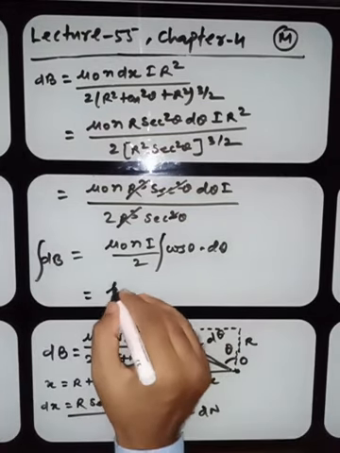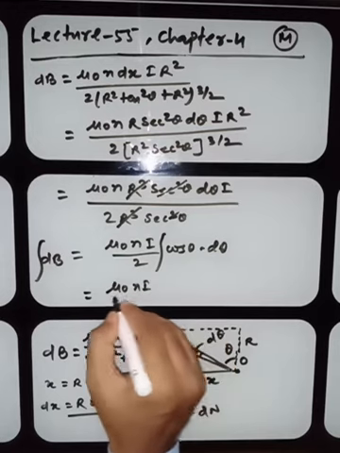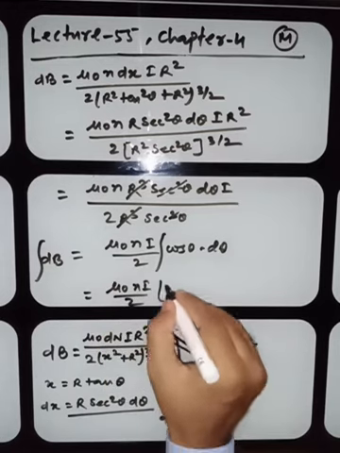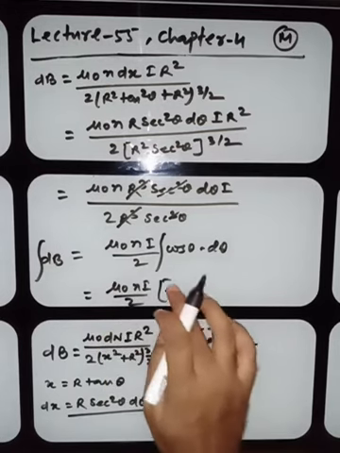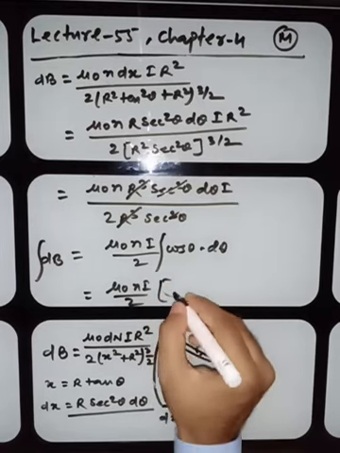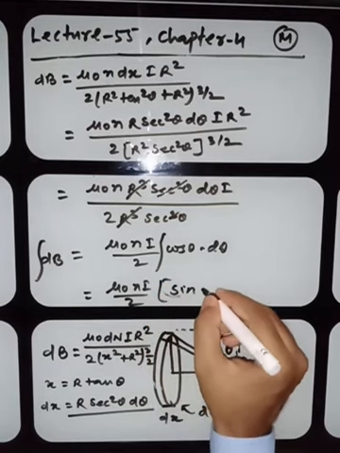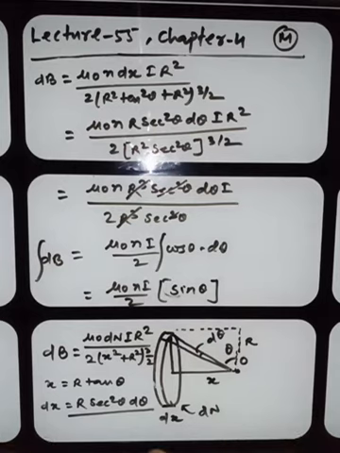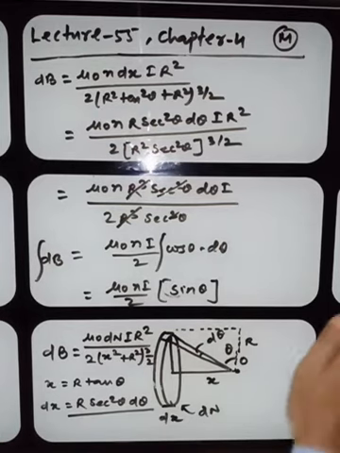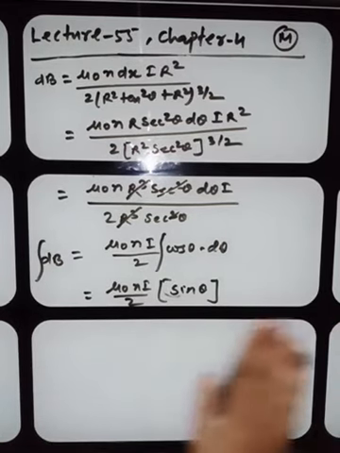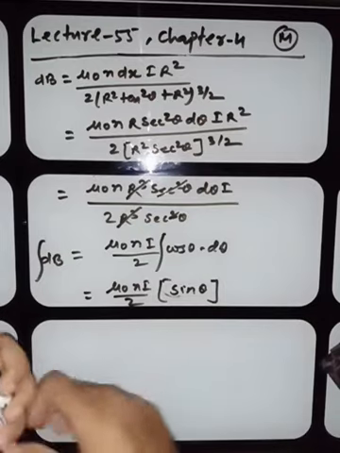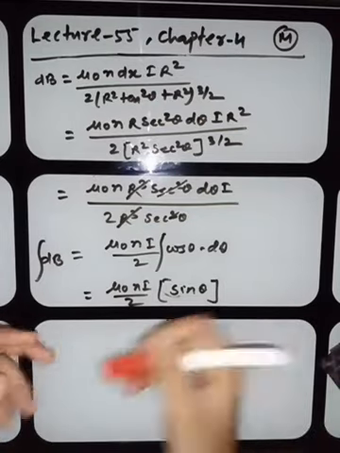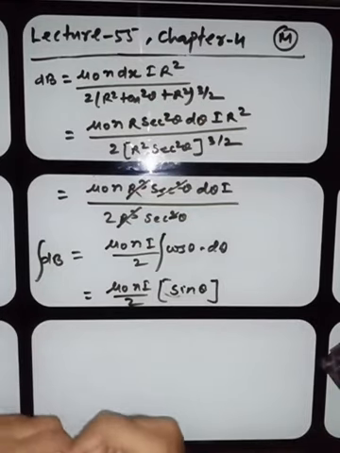So mu naught nI over 2, and the integration will be cos theta, which is the sin theta integration. Now the very important thing is the limit. Try to see the diagram. Okay, rewind the video lecture and try to find out the limit.